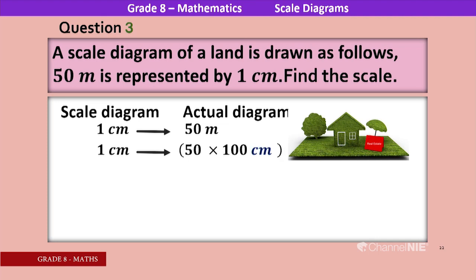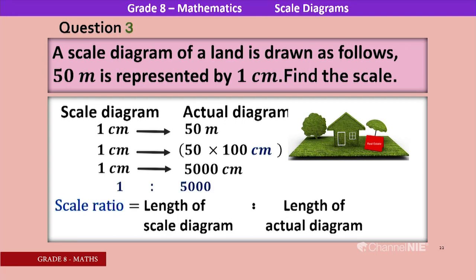Convert into centimeters. 50 multiplied by 100, 5000 centimeters. Then you can see 1 is to 5000.